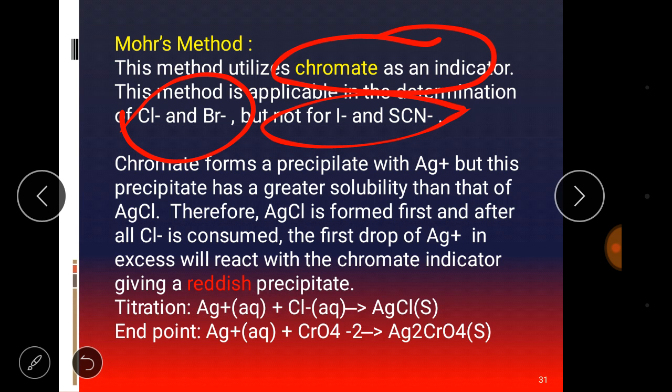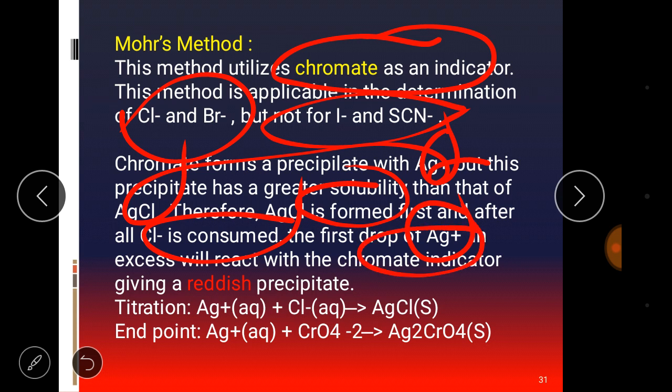Chromate forms a precipitate with silver plus, but this precipitate has a greater solubility than that of silver chloride. That's why silver chloride is formed first, and after all chloride ions are consumed, the first drop of excess silver plus reacts with the chromate indicator and gives a reddish precipitate.